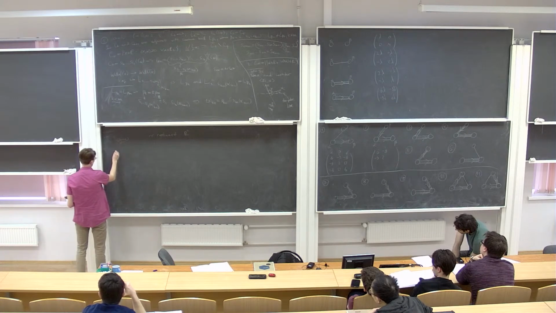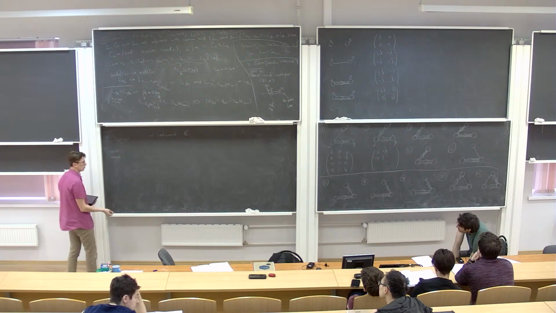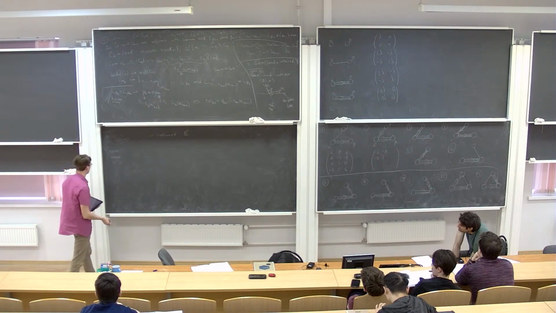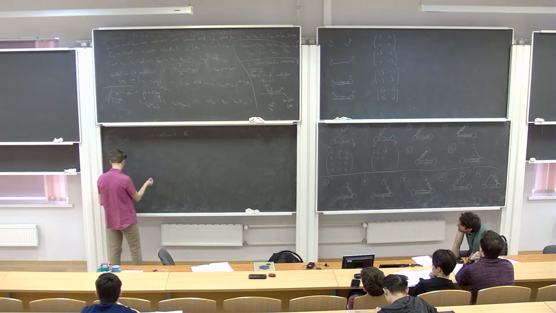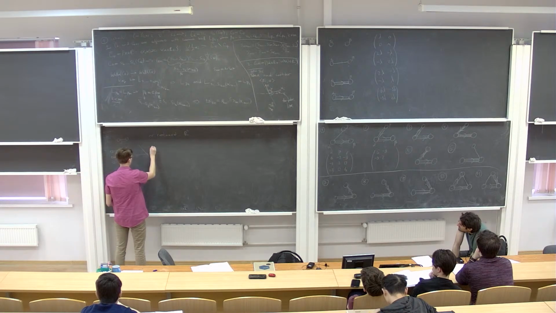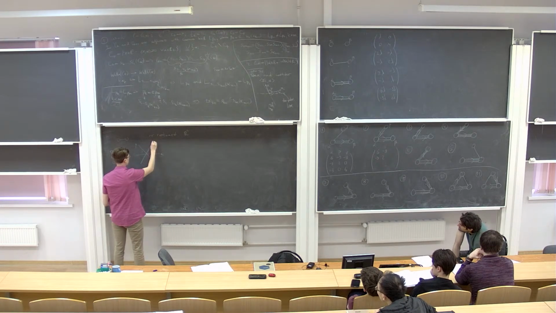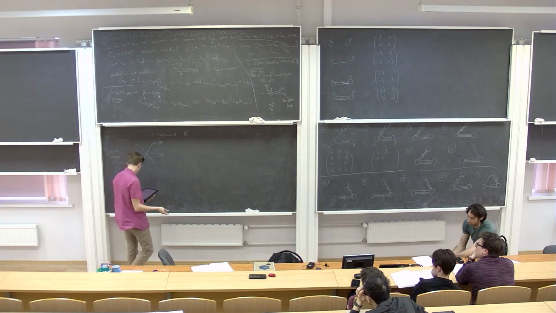B2 and C2 look like two vertices, and D2 is not irreducible. That's why it's only A2, and for A2 we know that alpha, beta, and this one form alpha plus beta.